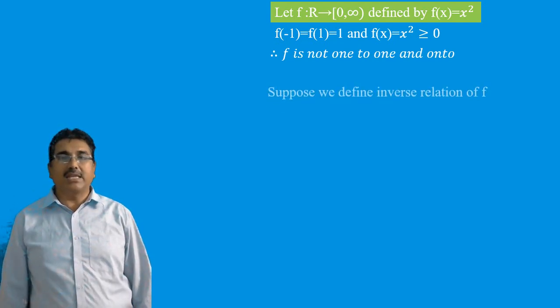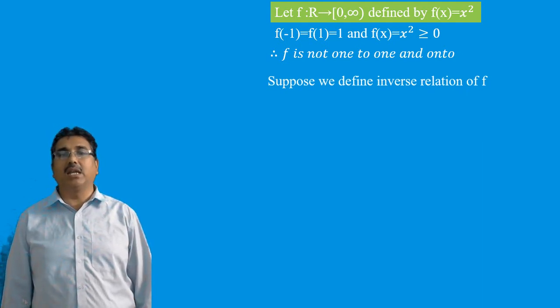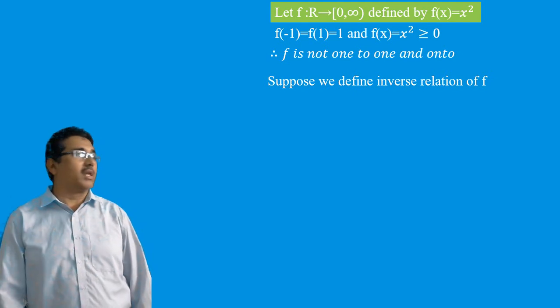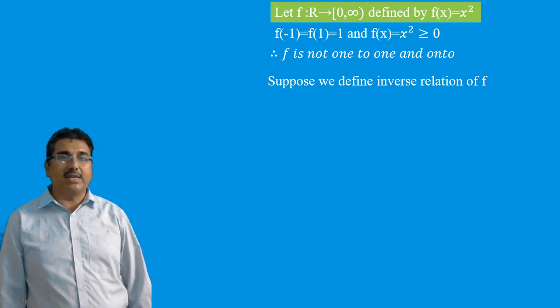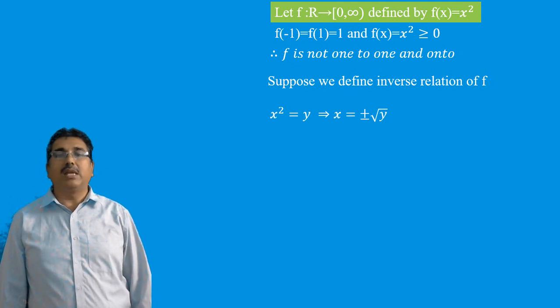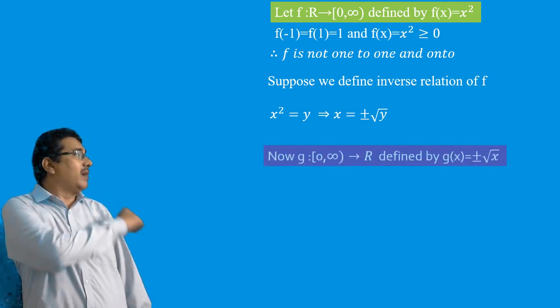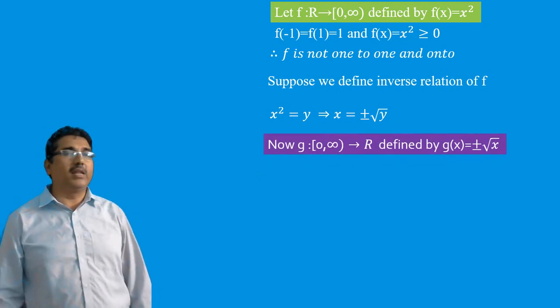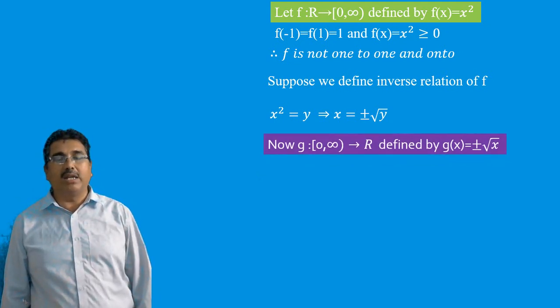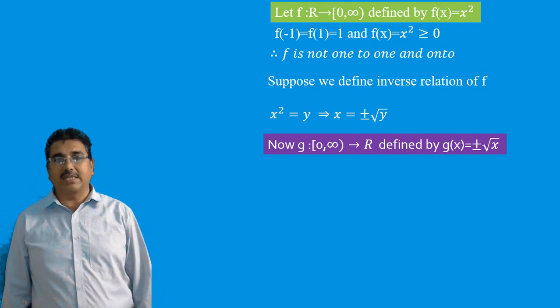In this case also, we define the inverse relation of f. For that, x square is equal to y implies x equal to plus or minus root y. Now, g mapping from the closed interval 0 to infinity to R defined by g of x equal to plus or minus root x.